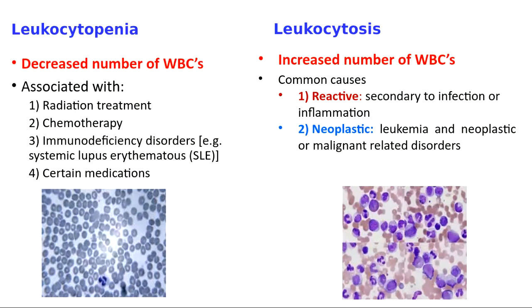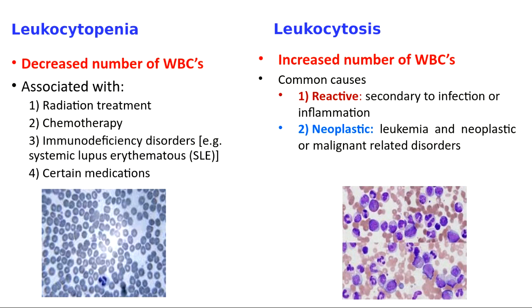Leukocytosis is an increased number of white blood cells, and it can be a relative increase in WBCs or a neoplastic increase. We want to have a reactive leukocytosis if we have been exposed to an infectious agent.